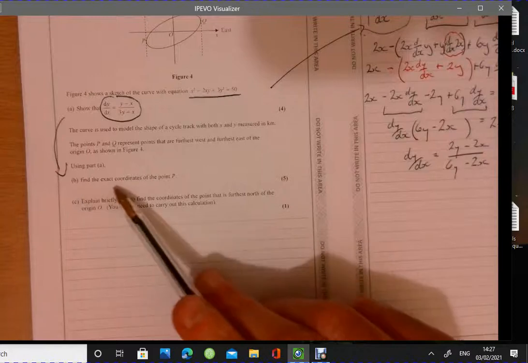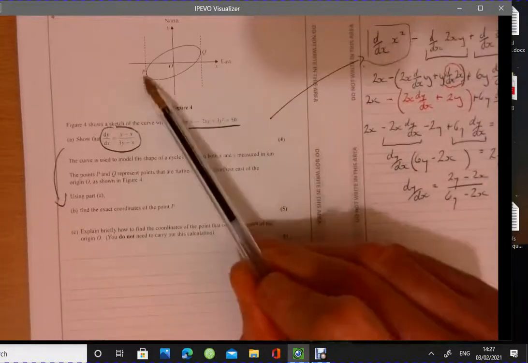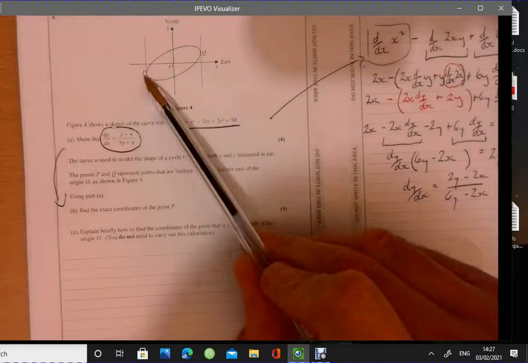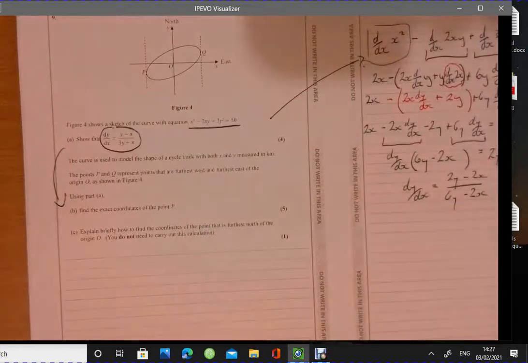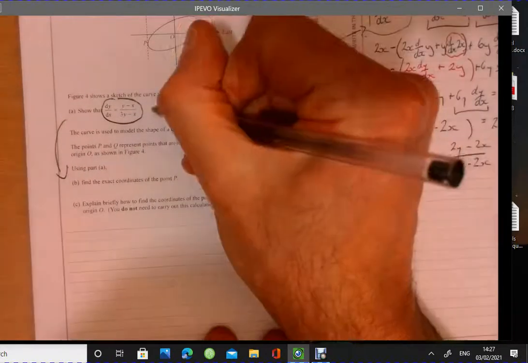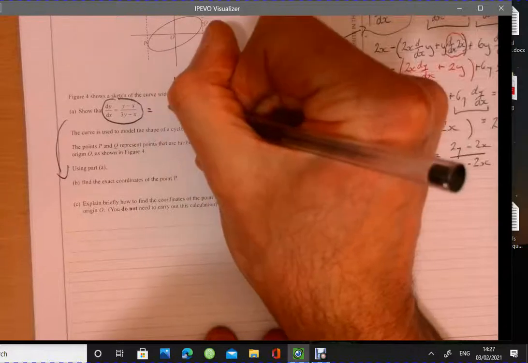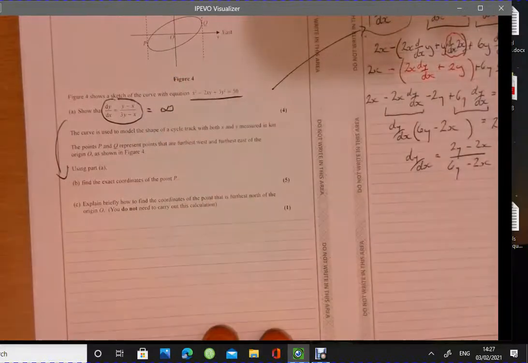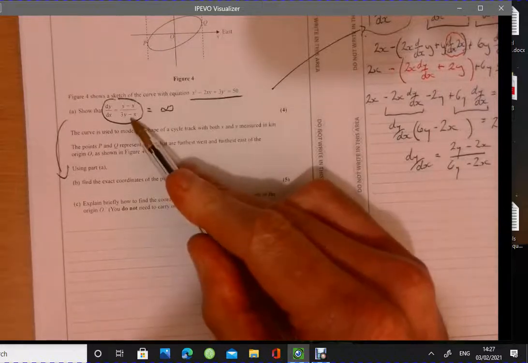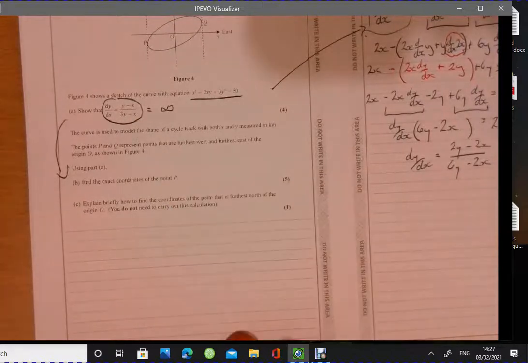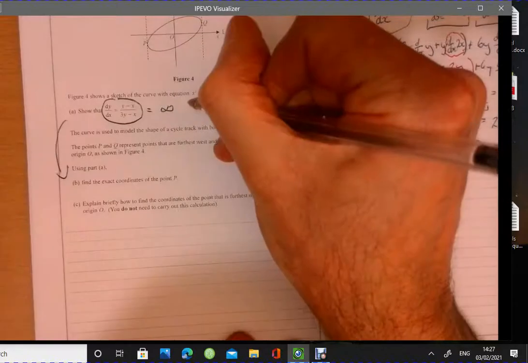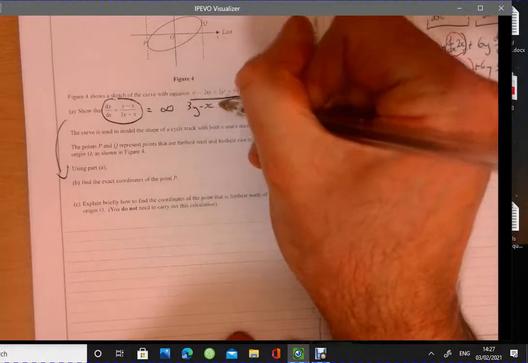It says find the exact coordinates of P. Right, what do I know about this? Well, I know the gradient is infinite. So in other words, when is this part going to be infinite? It's going to be infinite when the denominator is 0. So we can write down 3y minus x equals 0.